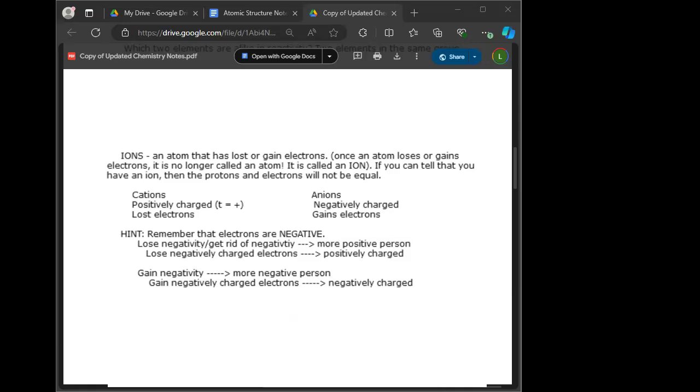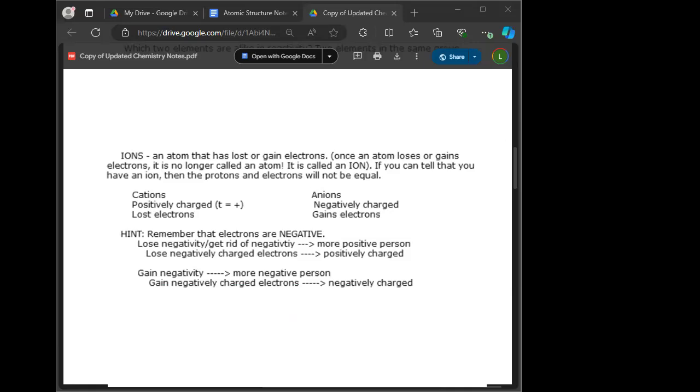Now, let's talk about, okay, but how do we know if it's going to lose or gain? How are we supposed to know if it's going to lose electrons or gain electrons?